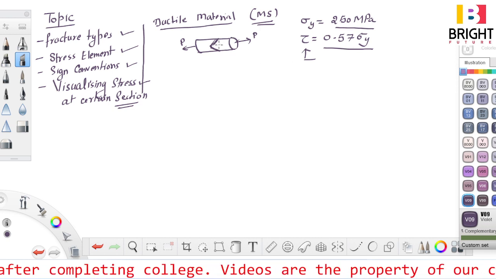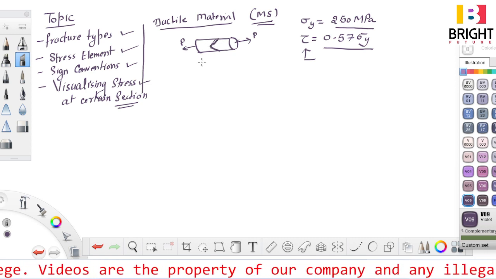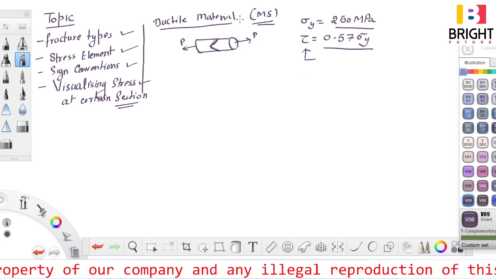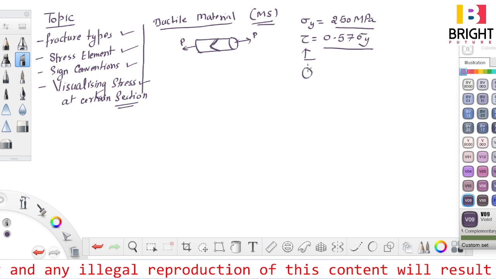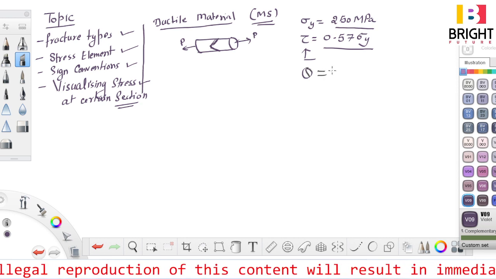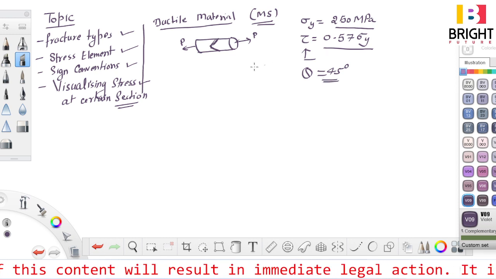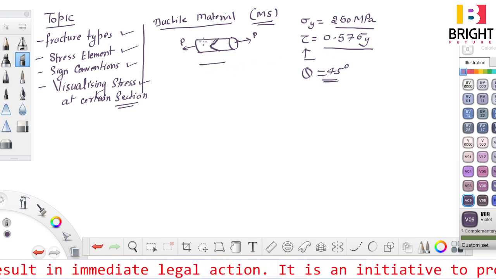So the shear plane, the plane of maximum shear stress in a ductile material, is at 45 degrees. When we study principal stresses, at that time I will calculate how theta is equal to 45 degrees, at which the shear stress is maximum. Actually, what happens if I draw the principal stress element?